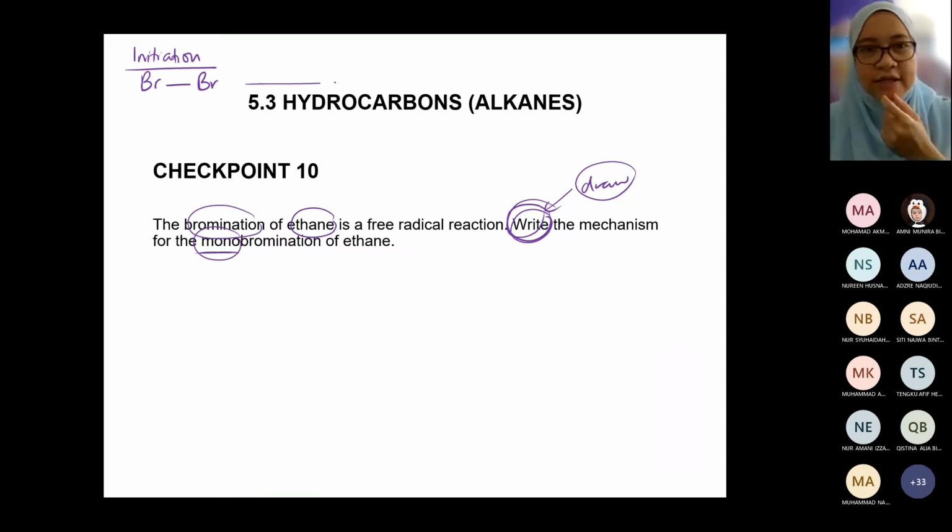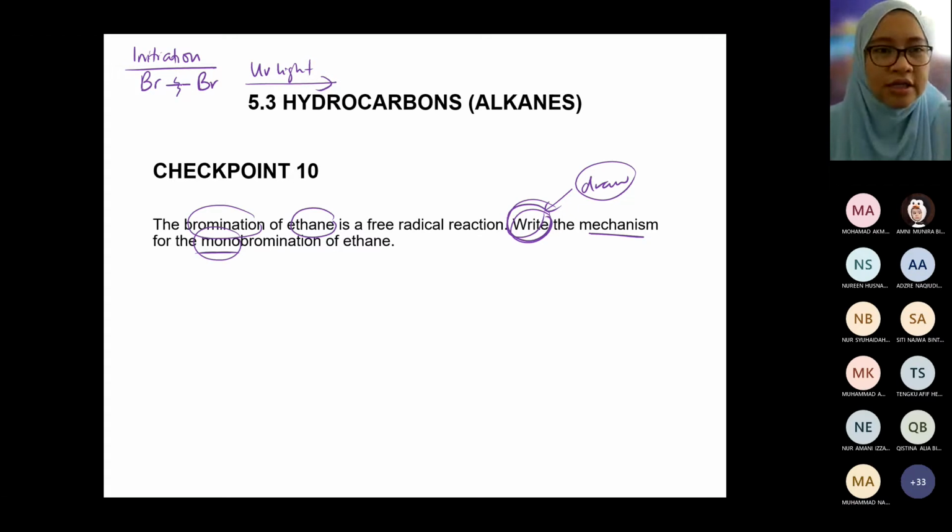Don't forget the UV light. For a mechanism, it's not an equation. For an equation, you don't need to show arrows, but a mechanism represents the step-by-step process, so you need to have the arrows. No arrows, you lose 1.5 marks there.